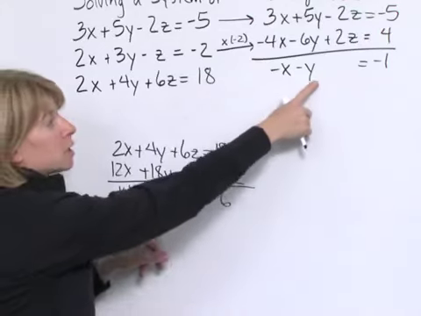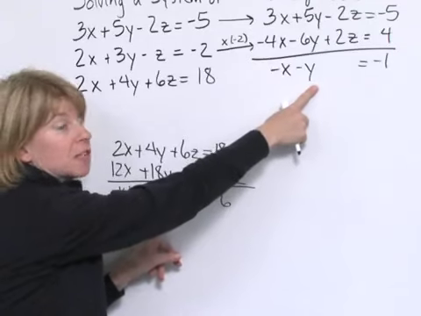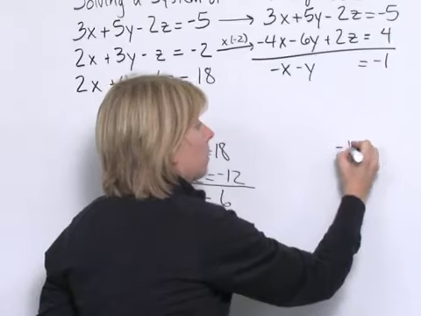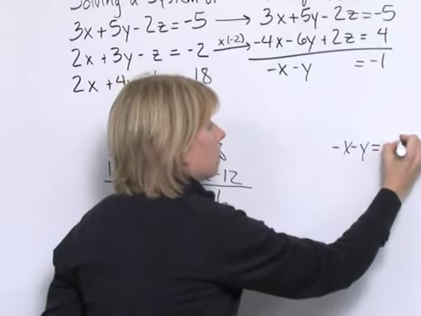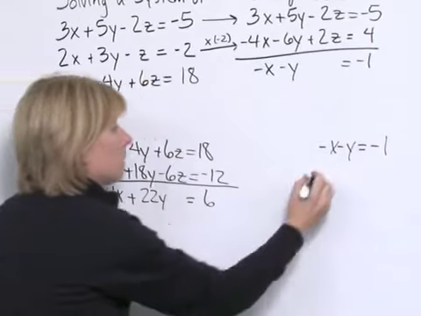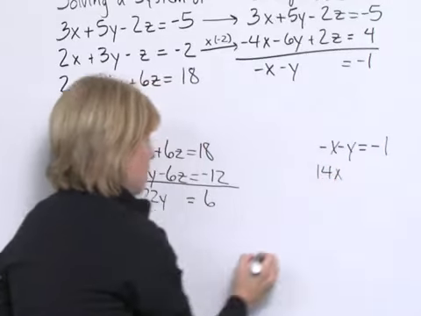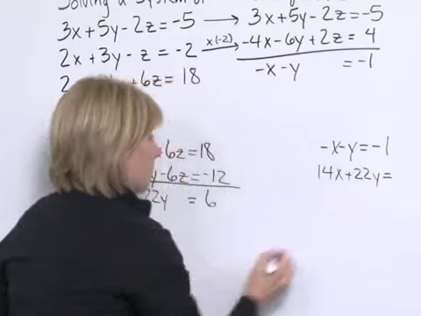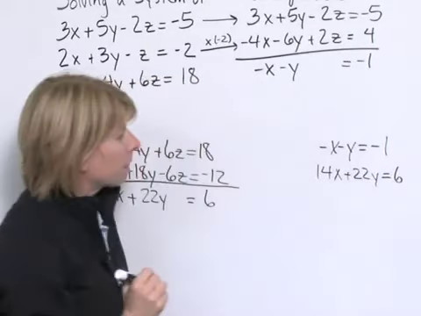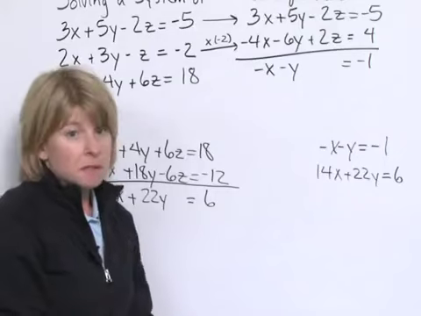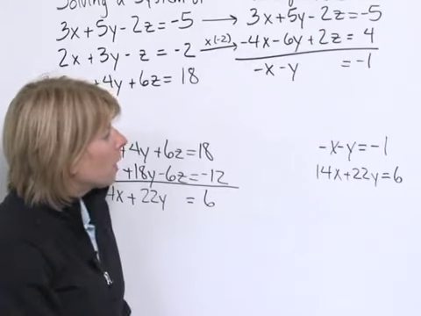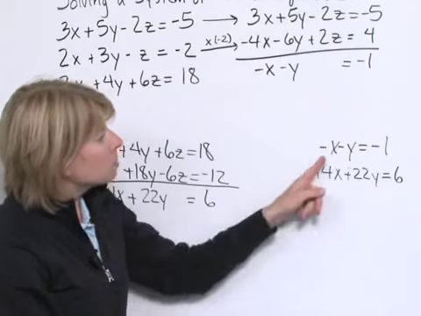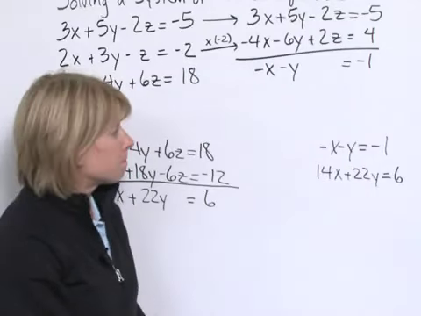Now we have a system of 2 equations with just 2 variables that we can solve. I'll write that right over here and bring this over here. Now to solve this system of equations, we again want opposite coefficients on either x or y. I'm going to multiply the top equation by 14.